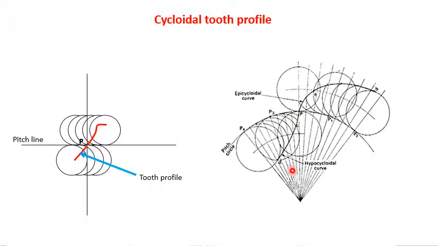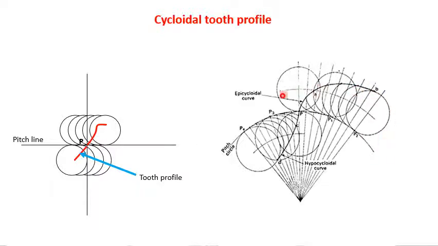Coming to the second figure, this figure shows the gear tooth profile. Circle 1 is rolling on the outside of the pitch circle, and generates an epicycloid, which is the face portion of the tooth profile. Circle 1 rolls without slipping towards the right.